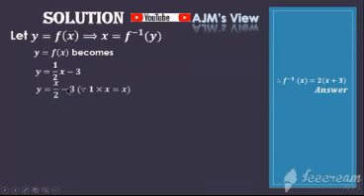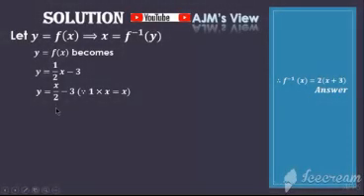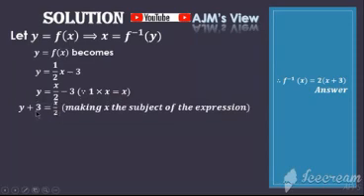So y equals x over 2 minus 3 because 1 times x equals x. So making x the subject of the formula, we have y plus 3 equals x over 2. Minus 3 leaves the right hand side and comes to the left hand side, and minus changes to plus.